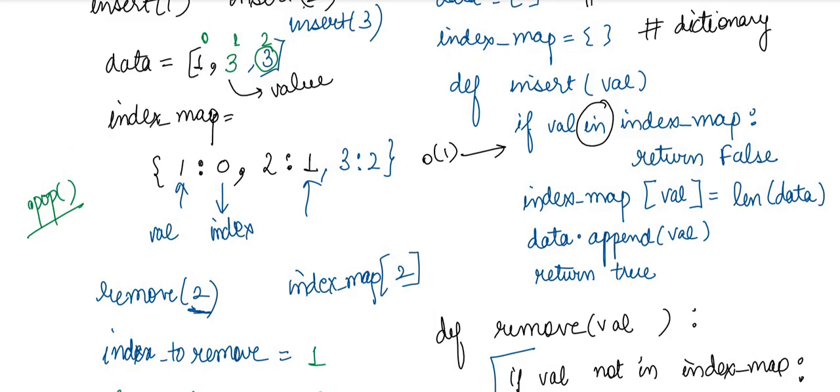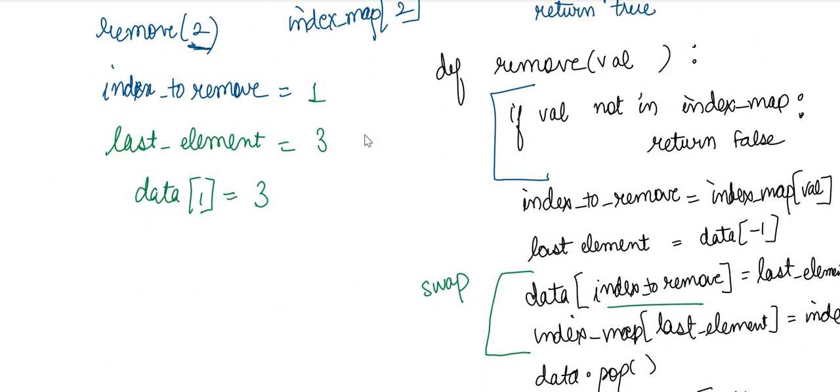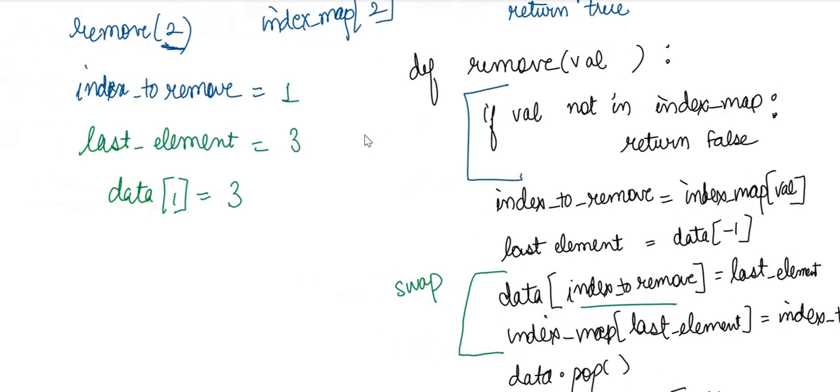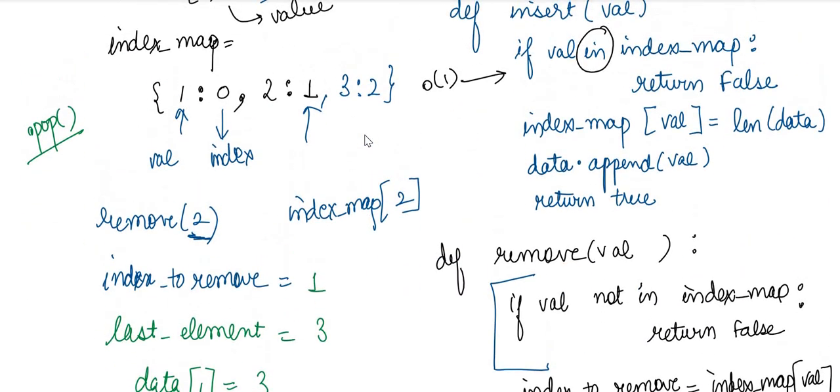Then you can easily remove 3. But when you remove, you have to remove from the dictionary as well, and when you remove from the dictionary, the index will change, right? So you have to go to the last element and give it the index of the value that you are going to remove, because now the last element is coming to the index which you are removing.